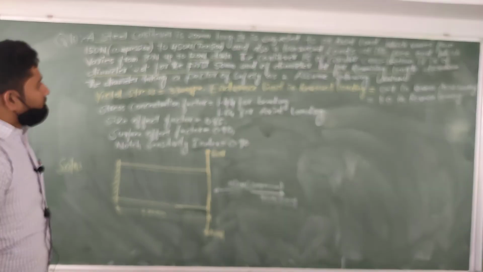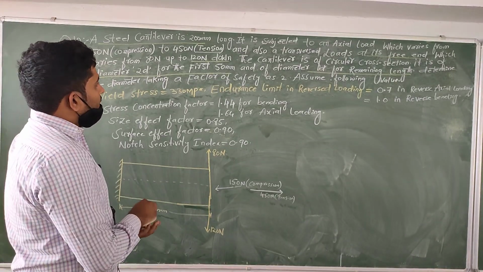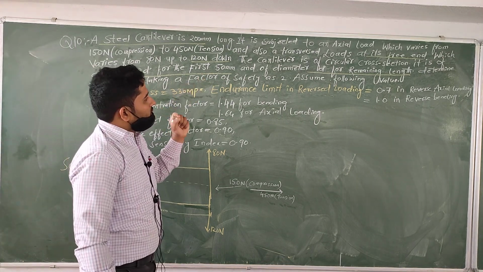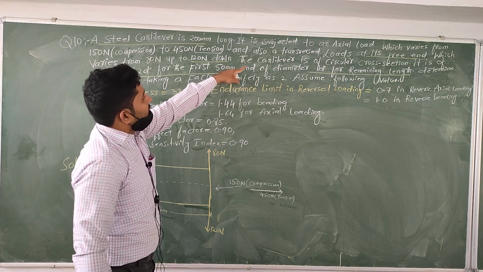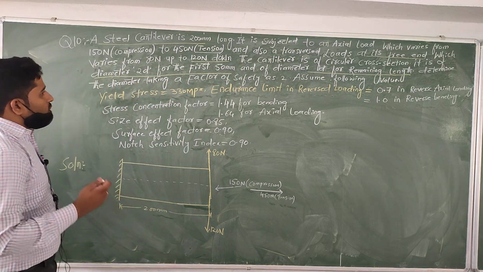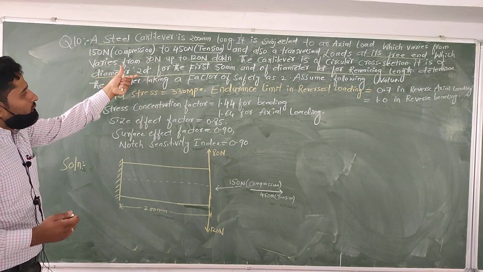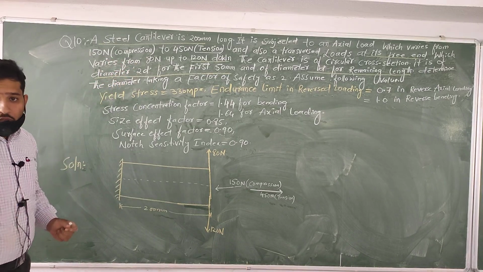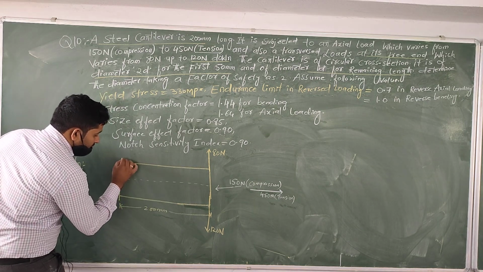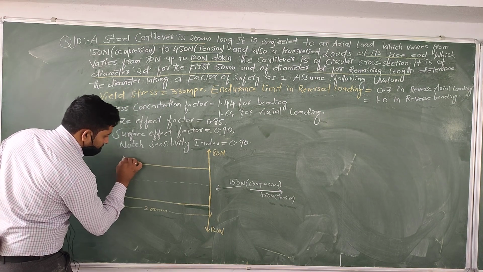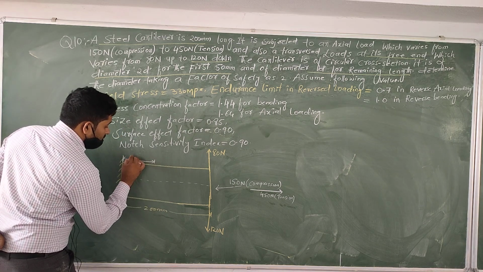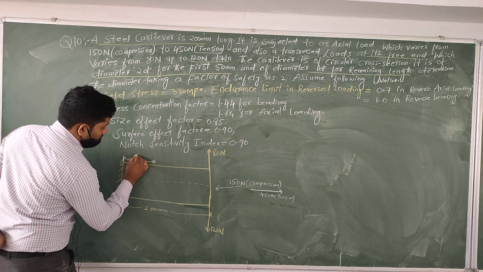Okay dear, and the cantilever is of circular cross section, of diameter 2d for the first 50 mm. So let us observe here: the length of the first diameter is given as 50 mm.